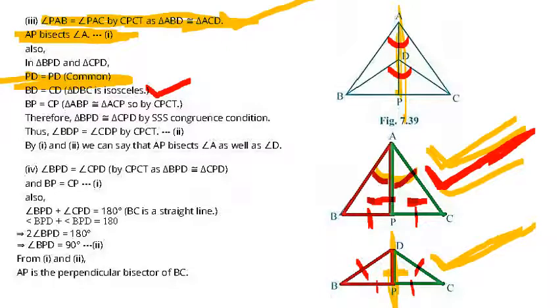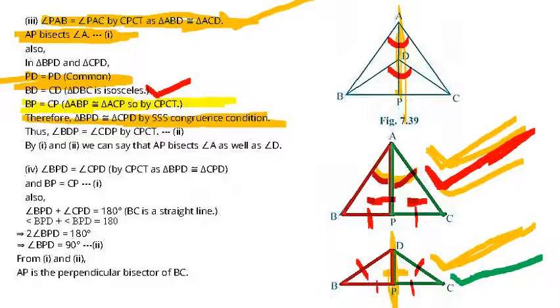So I wrote down BP equals CP because triangle ABP is congruent to ACP, and the reason is CPCT because they are congruent triangles. So we have shown that three sides in these two triangles are equal. That means they will be congruent by which condition? Side, side, side. Therefore, triangle BPD is congruent to CPD by the side, side, side congruence condition.